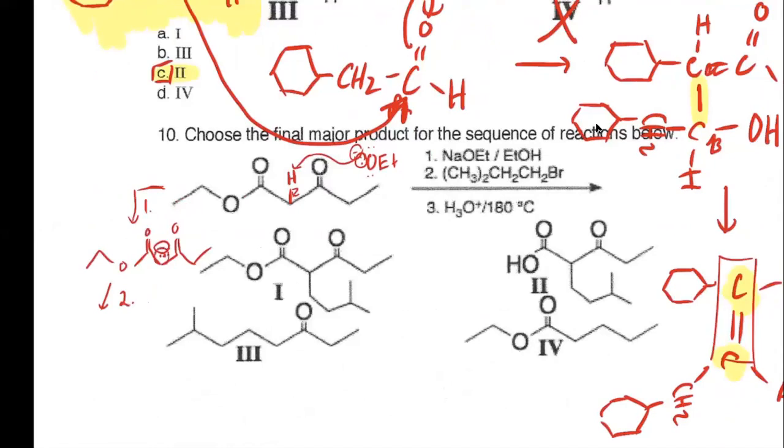We're going to have an SN2 reaction. And just for organization's sake, we're going to take this lone pair. It's going to go and attack this CH2, the partially positive one, and then it's going to push off the bromine. Okay, so that's the connection that we're making right now.